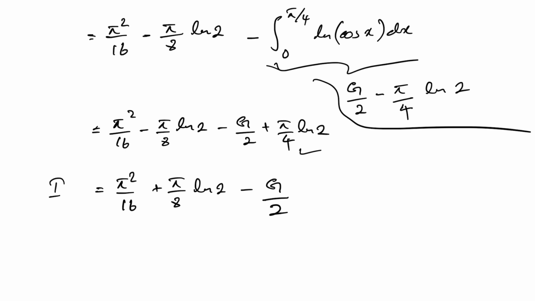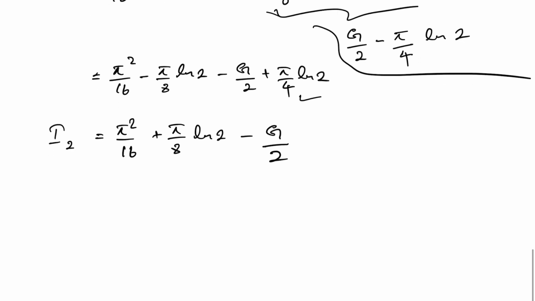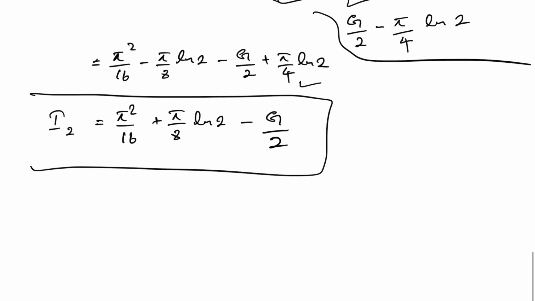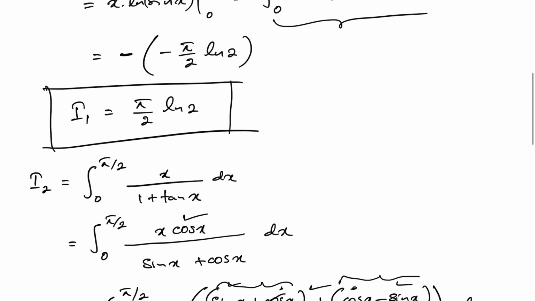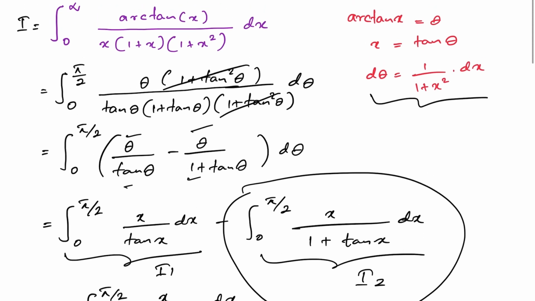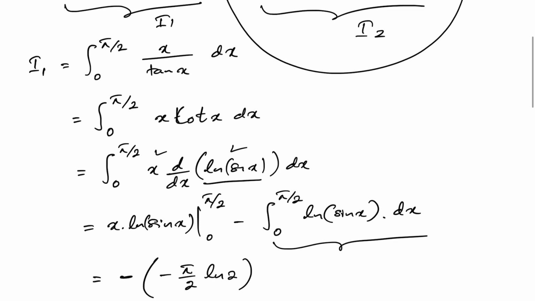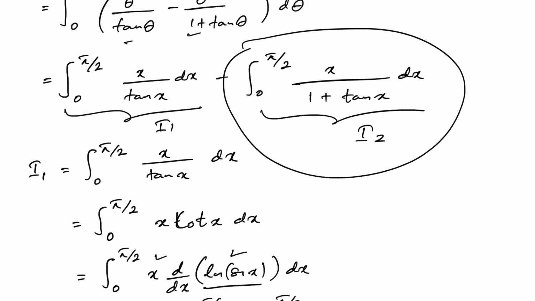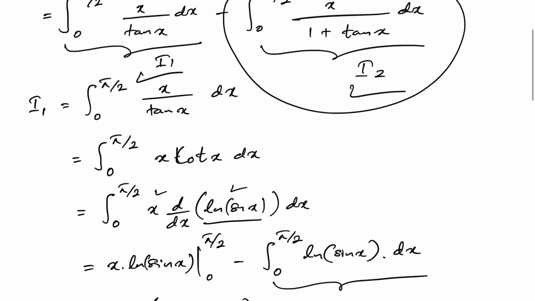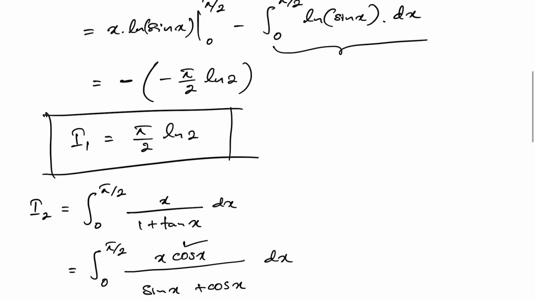So we know this is I2, and we know I is equal to I1 minus I2, right? Yes, I is equal to I1 minus I2, and I1 is equal to pi over 2 natural log of 2.